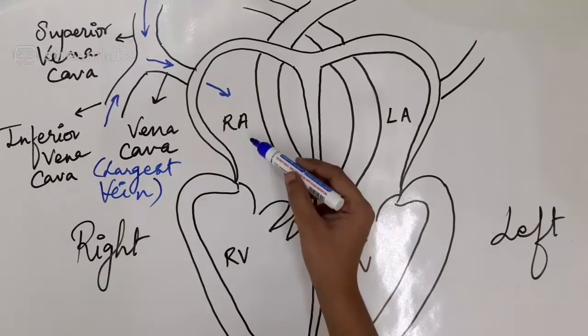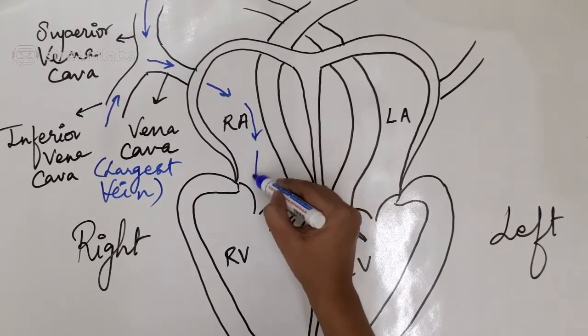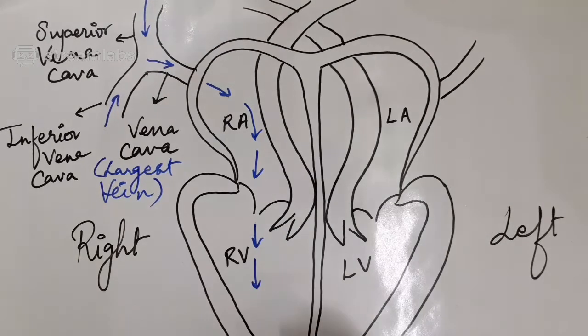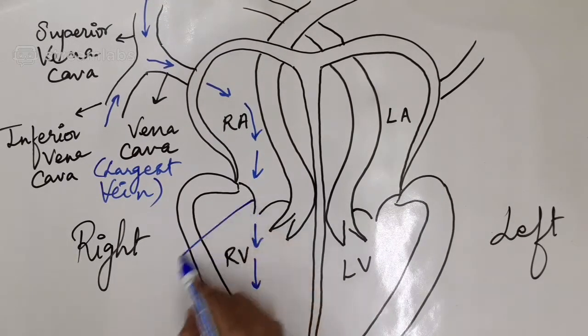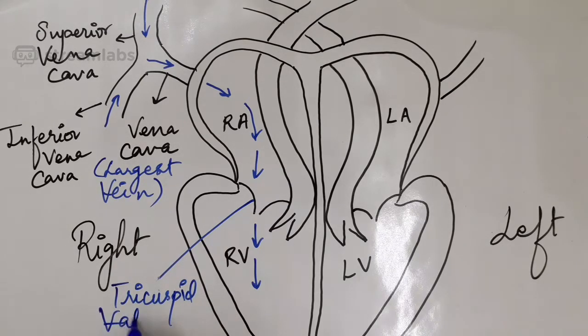Now the impure blood which enters the right auricle moves into the right ventricle through the valve known as the tricuspid valve. The tricuspid valve allows the blood to flow in only one direction.